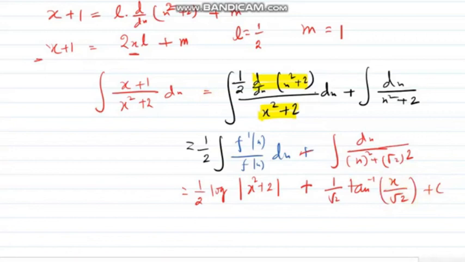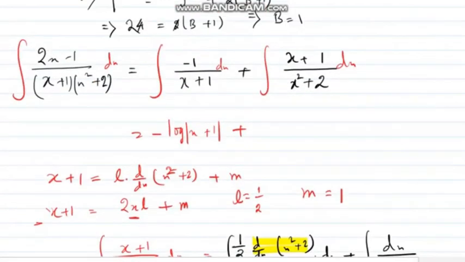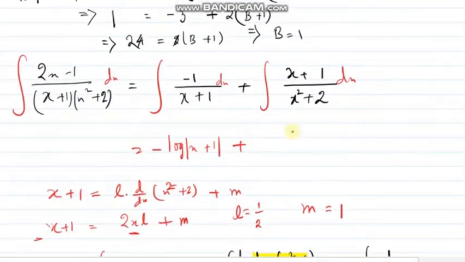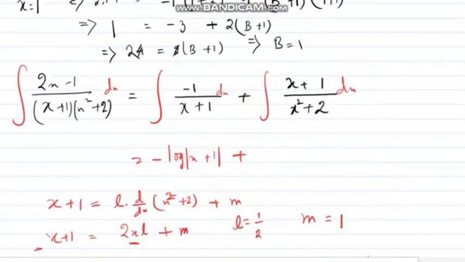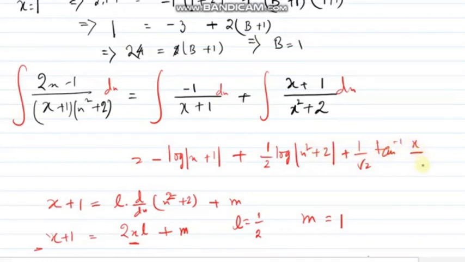So if I use this value over here, it will be half log of mod (x square plus 2) plus 1 divided by root 2 tan inverse of x divided by root 2 plus c. This is my final answer.